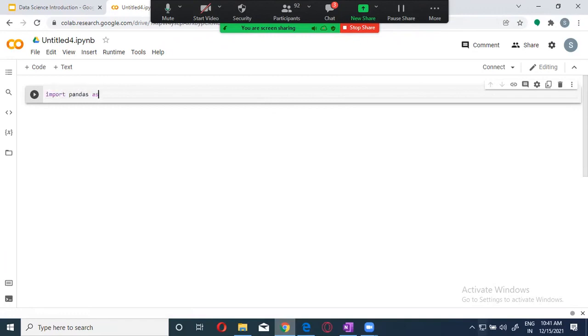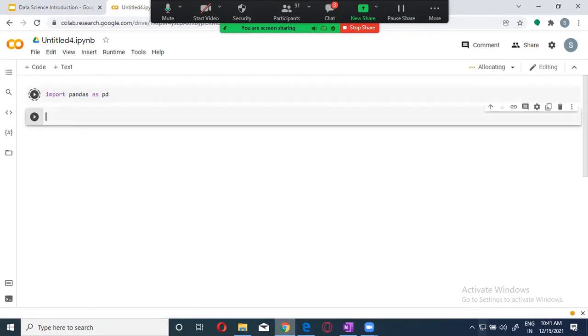Just see this, import pandas as pd. Now, just don't look at this code. I will show you what a model is, how simple it is to create a model. It's initializing. The first time it will take some time. It's done.